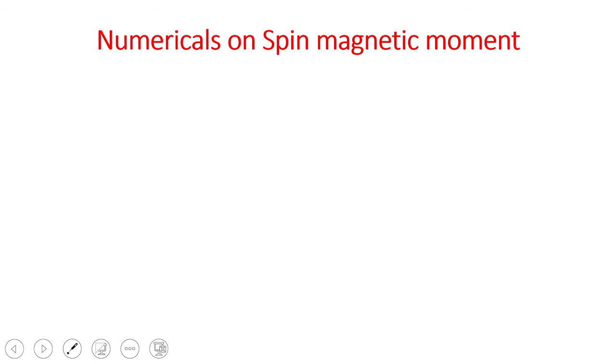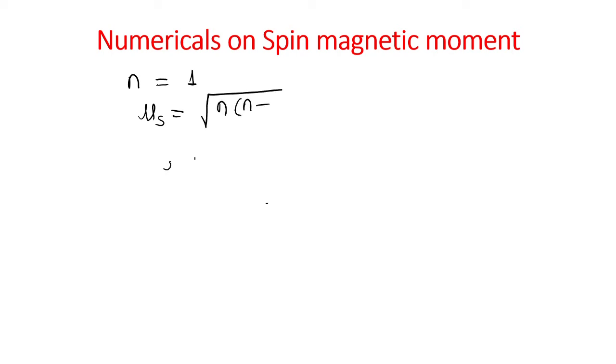Next is the determination of magnetic moment if we know the number of unpaired electrons. So if the number of unpaired electrons n is equal to 1, we calculate the spin magnetic moment, μs, having the formula √(n(n+2)). Putting n equal to 1, we get √(1 × (1+2)), and the final answer is 1.73.